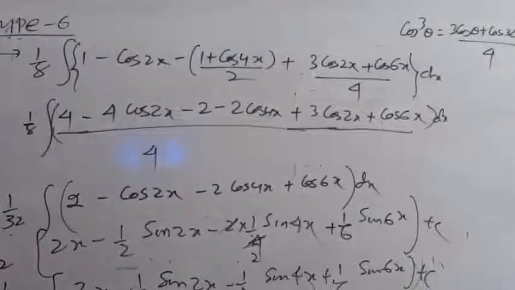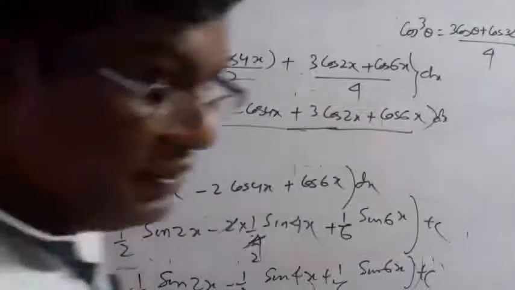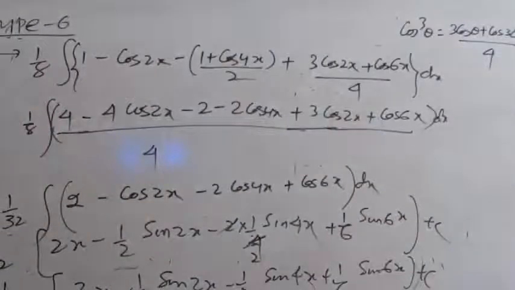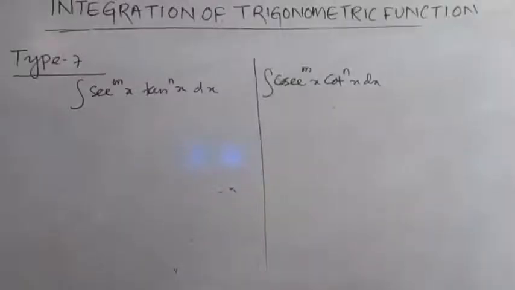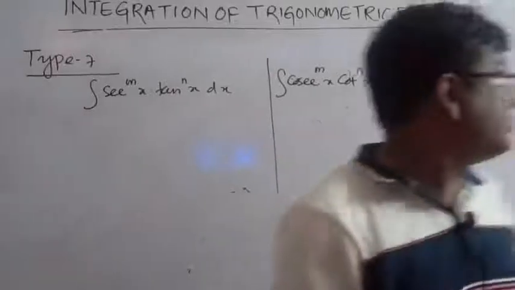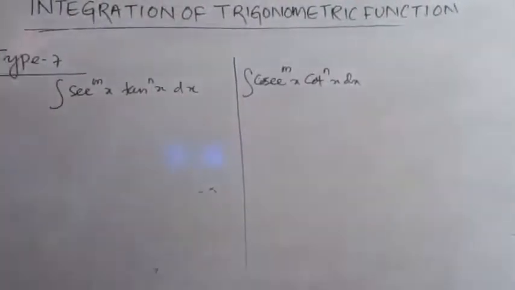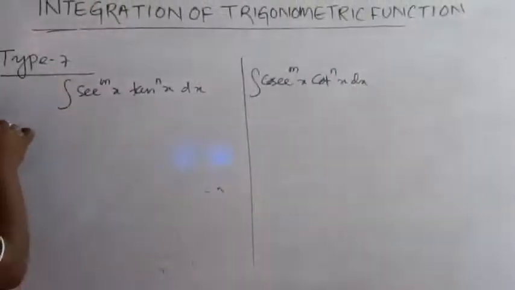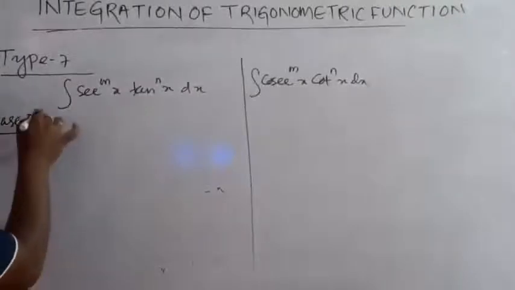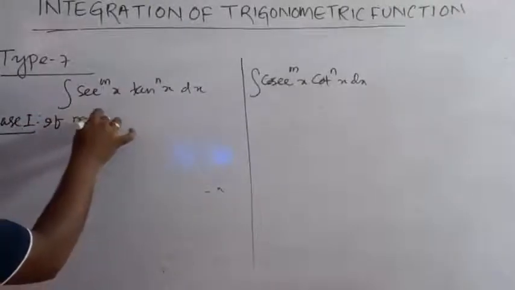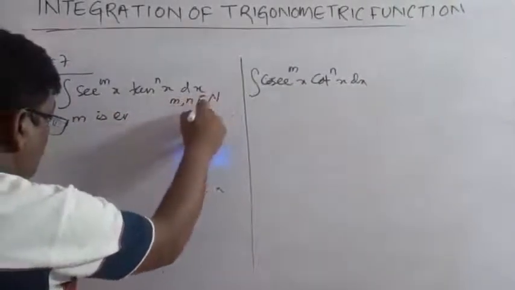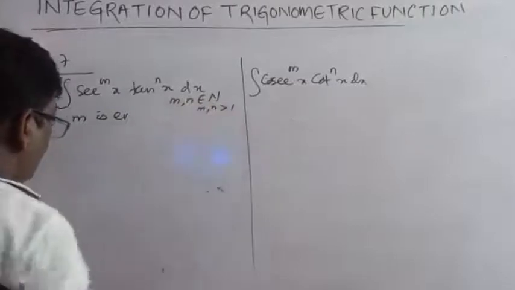Now type 7. So type 7 is what? Sec mx tan nx, cosec mx cot nx. Case 1: m, n belong to N, m, n greater than 1.